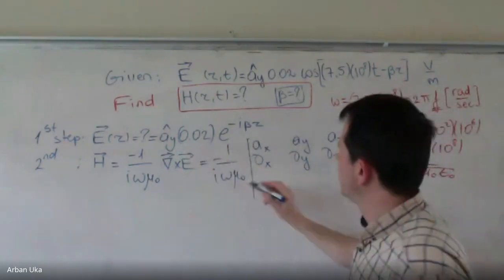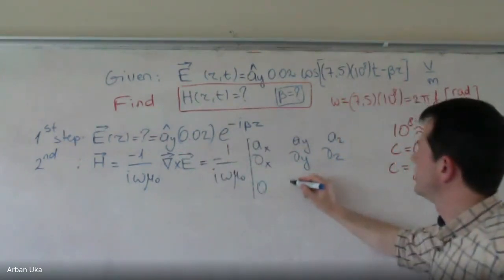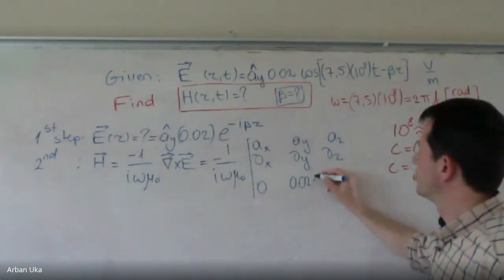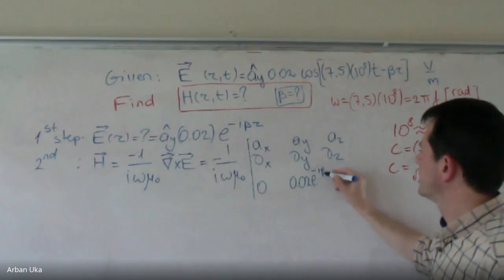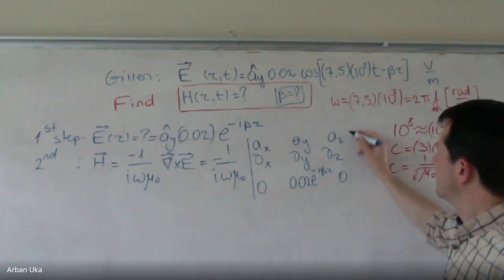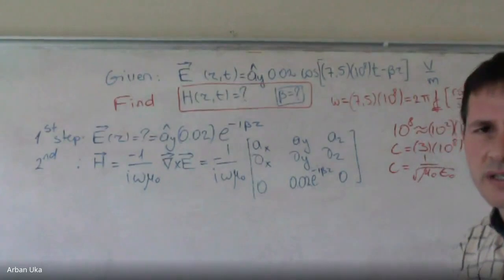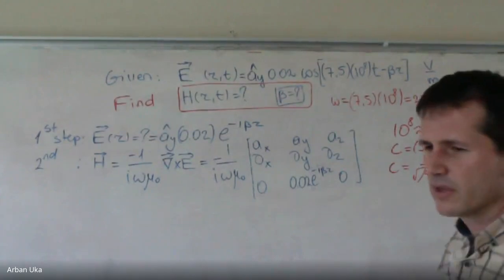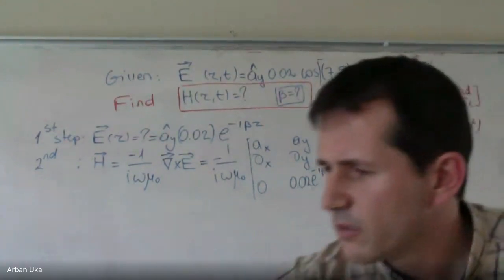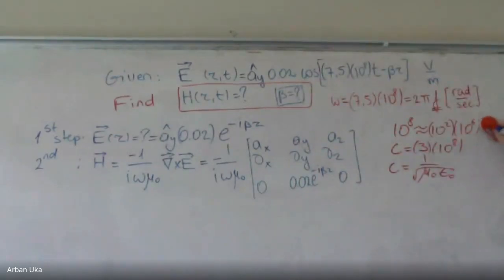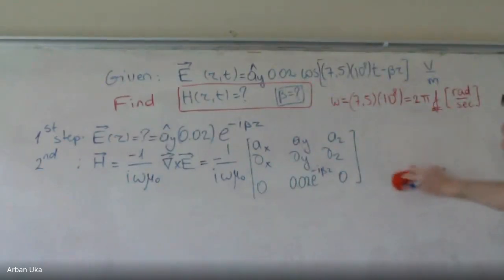Now, the electric field here is 0, here it is 0.02 e to the power minus j beta z, and the z component of the electric field is also 0. So then this is going to be equal to, these constants we know more or less.